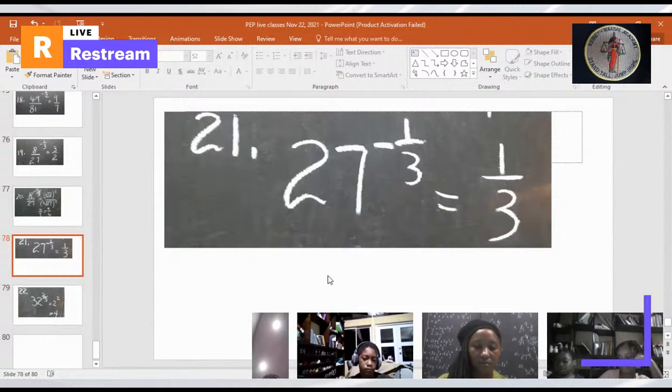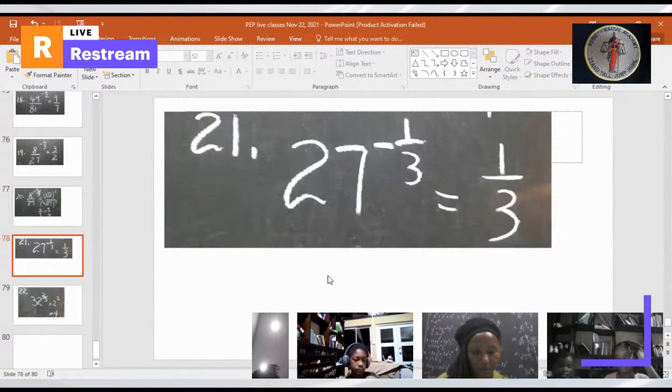Miss, you'd say the cube root of 27, which is what? The cube root of 27 is 3.